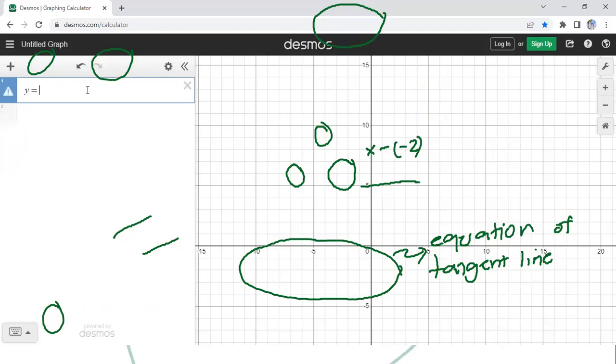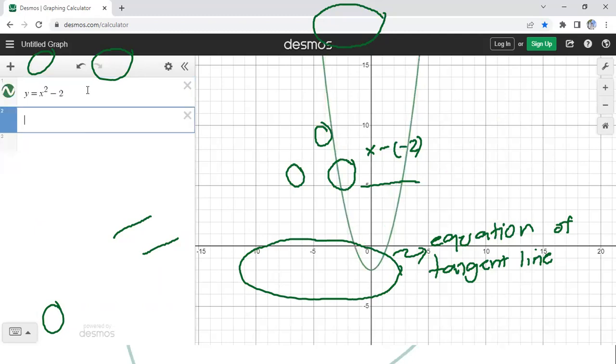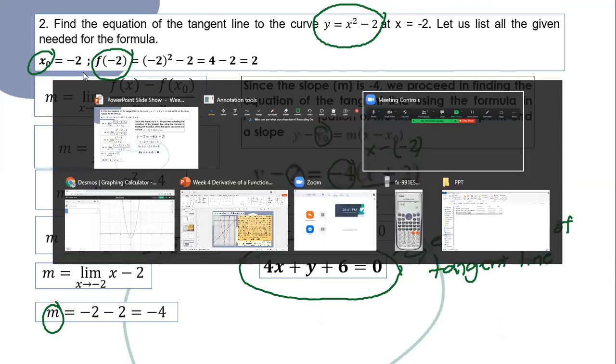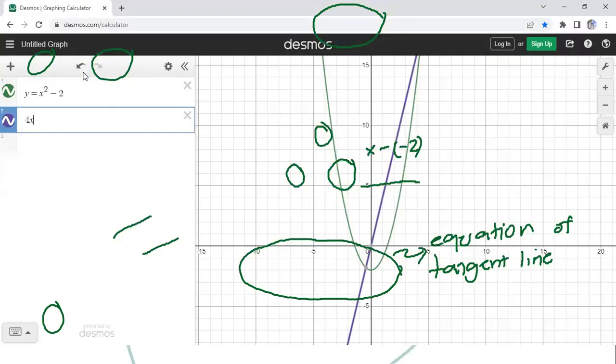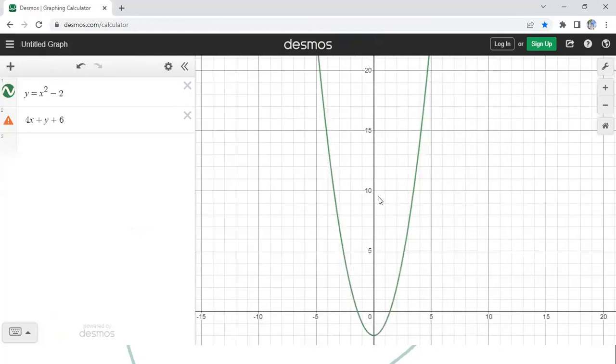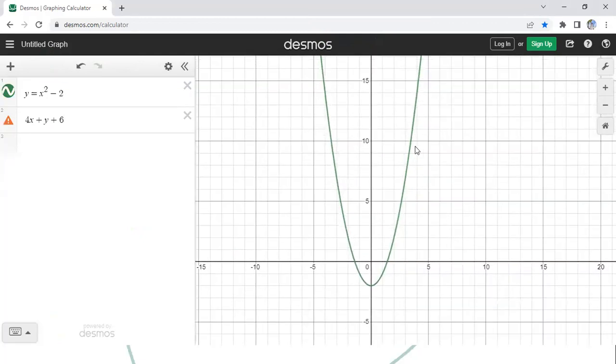So y is equal to x squared minus 2 and 4x plus y plus 6. So this the equation or the graph of the parabola y is equal to x squared minus 2.